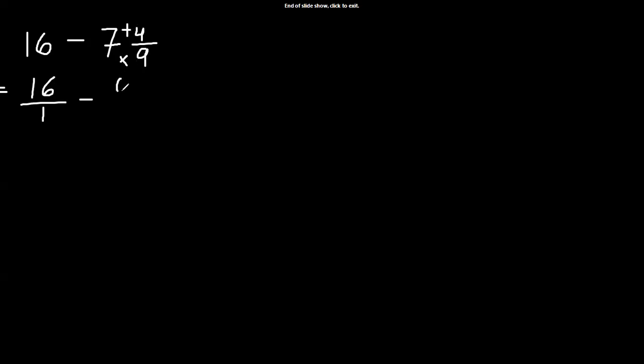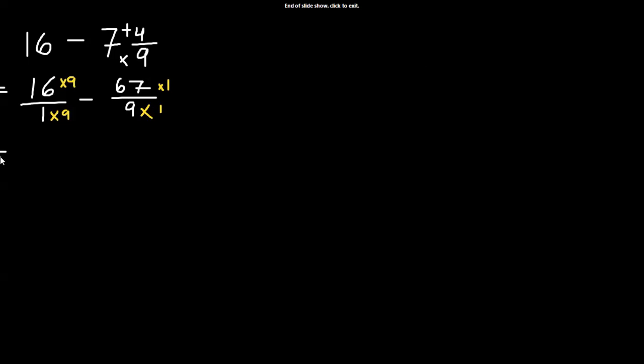So 67 over 9. Very good. What's the LCM of 1 and 9? The LCM of 1 and 9 is just 9. So multiply this by 9. Whatever I do to the bottom, I do to the top.